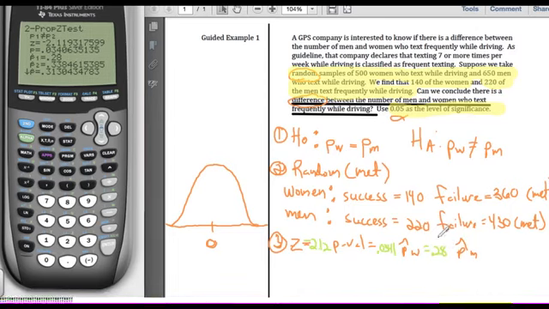And for the men, it would be 0.34. So it seems 28% of women text frequently while they drive, and about 34% of men text frequently while they drive. So the difference between these two is 6%. There's a 6% difference.